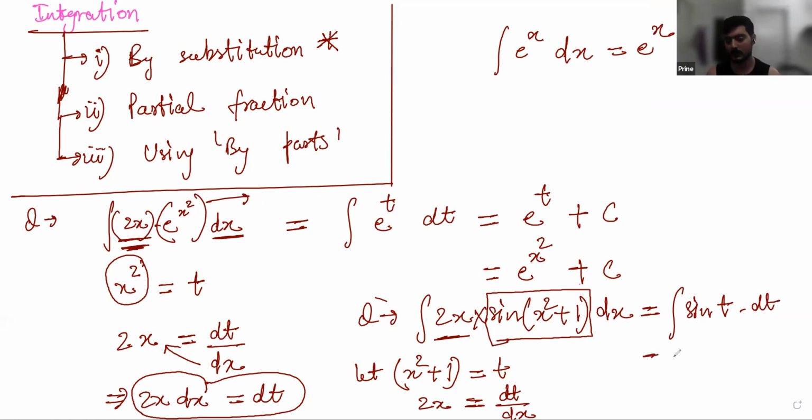Now it is very much possible. We can say that the answer is minus cos t plus c, which would be minus cos of x square plus 1, plus c. So in substitution, we have to find a function whose differentiation is also present in the expression, and we have to use both of them.